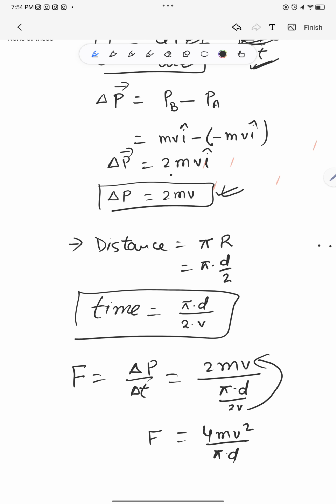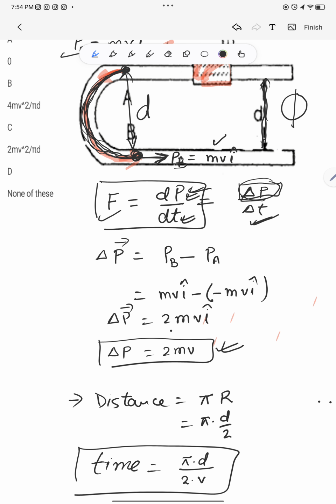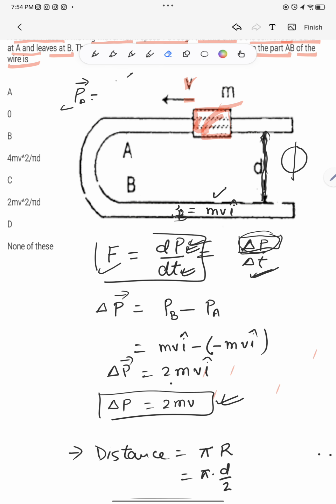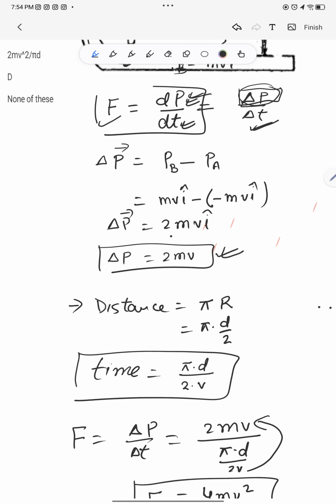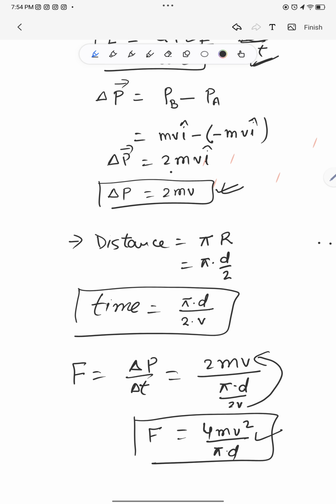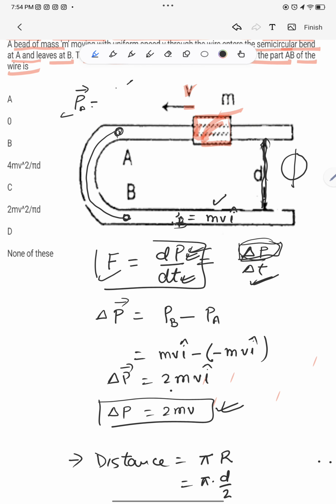This is the force exerted by the bead during its journey from A to B. That means option B is correct. Okay, thank you so much.